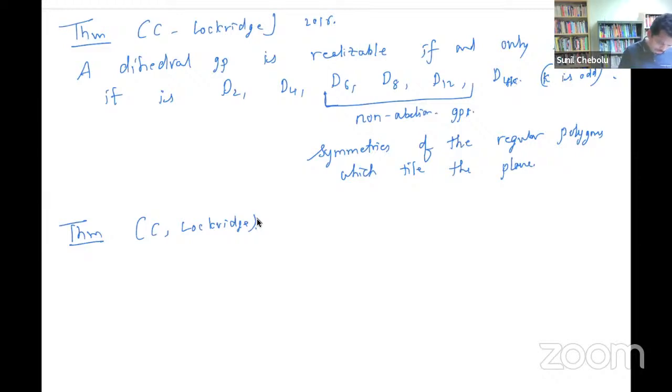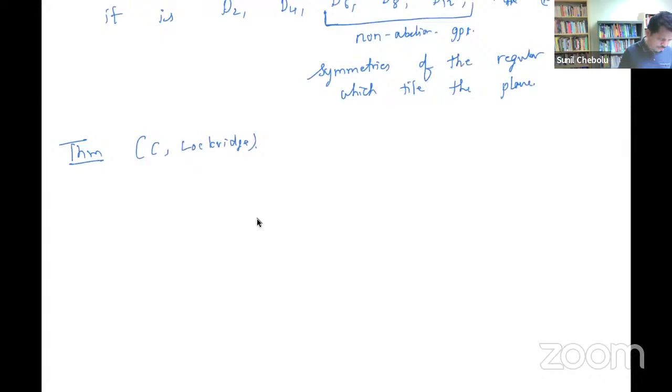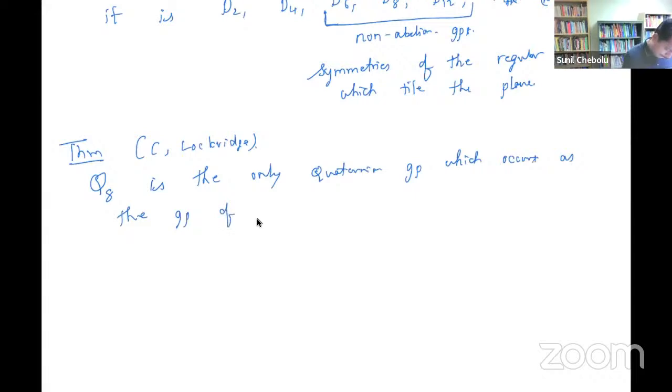I'm not going to pour out all the results here, but I'll just mention that Q8 turned out to be the only quaternion group which occurs as the group of units of a ring.